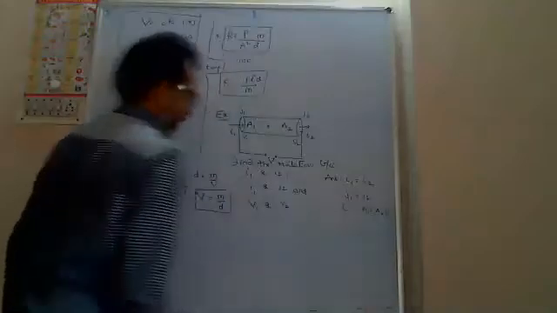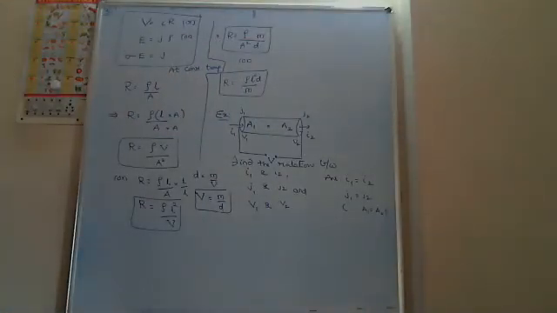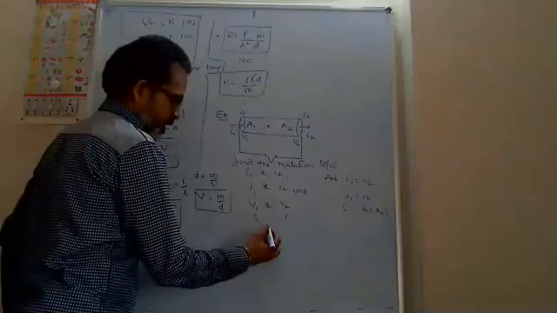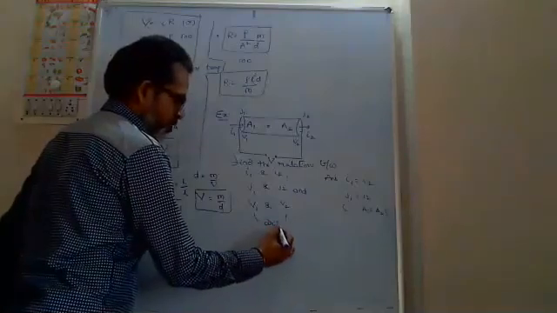Current will flow from low potential to high potential. But V1 and V2 are not potential differences. V1 and V2 are drift velocities. Okay, sir, understood. These two are drift velocities.